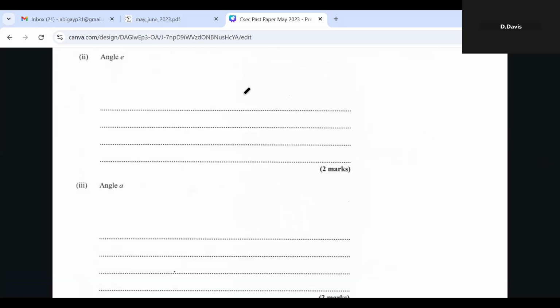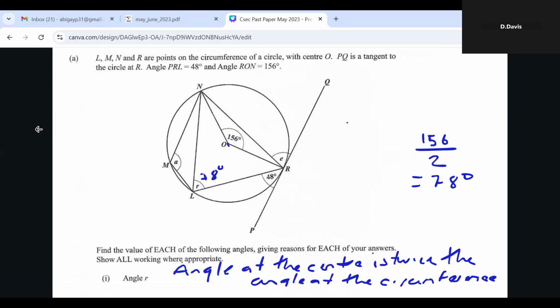Now we're gonna move on to angle C. No, E. Angle E. Angle E is where? Angle E is right here. Good. So angle E, right here.